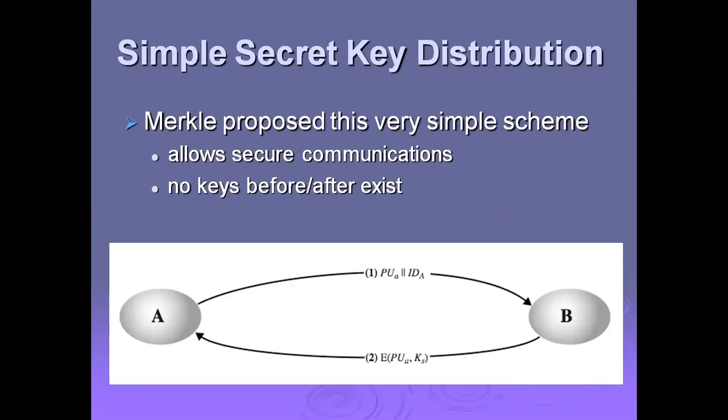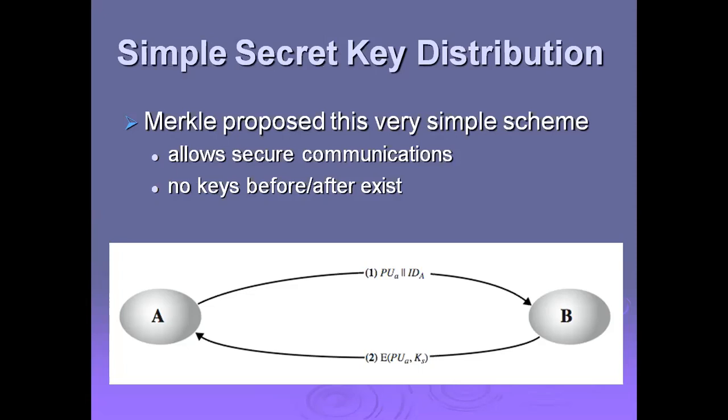We'll see how the keys will be exchanged and distributed. This scheme proposed by Merkle allows secure communication, and no keys exist before or after the entire process. While the transmission is going on, only at that time they generate the keys.